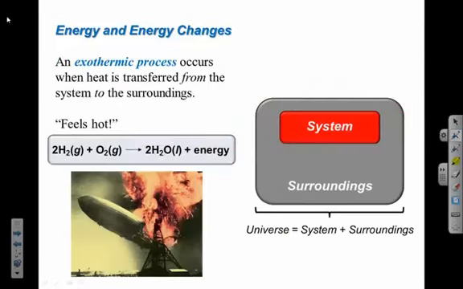Okay, so here's an example. Here's an example where the system is releasing energy into the surroundings. So here I've got hydrogen and oxygen. So if I think about what those look like, they're going to come together and they're going to form 2 water molecules.